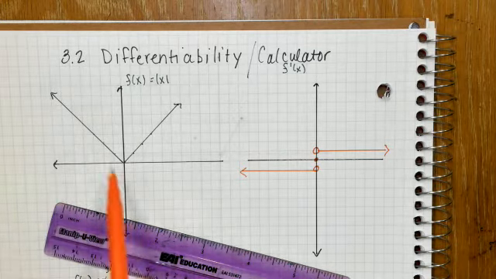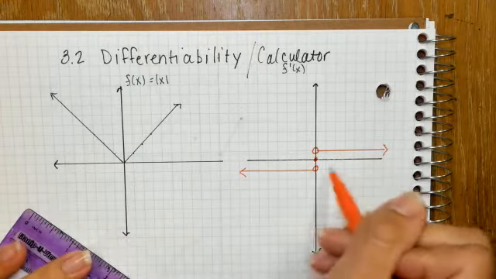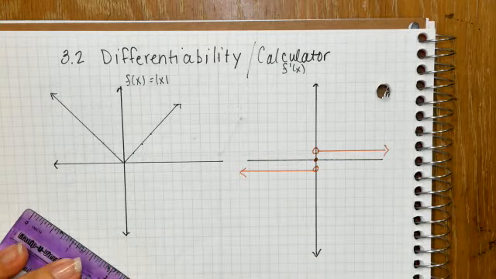So while the absolute value curve is continuous everywhere, its derivative is not continuous everywhere. So we have a problem here at 0.